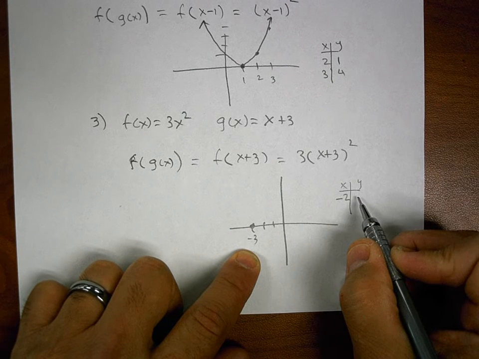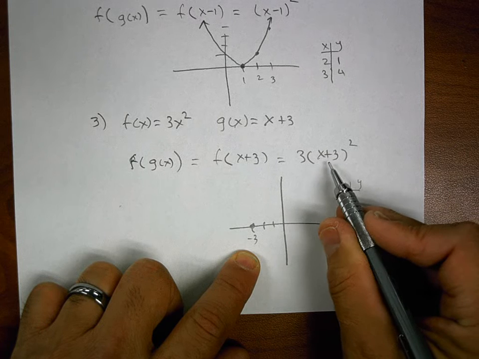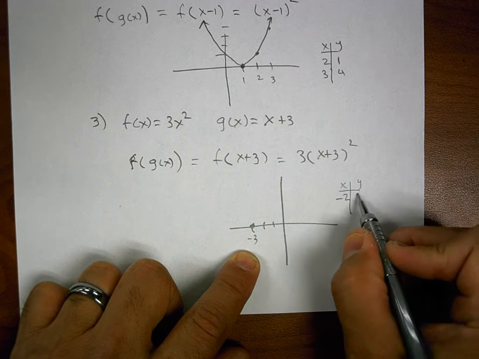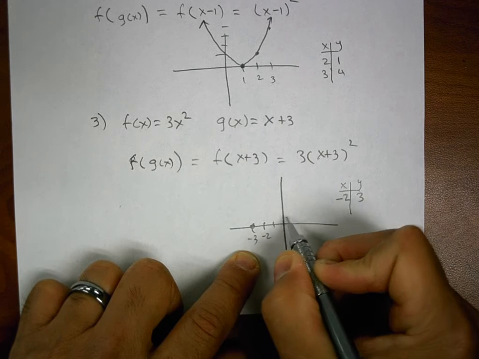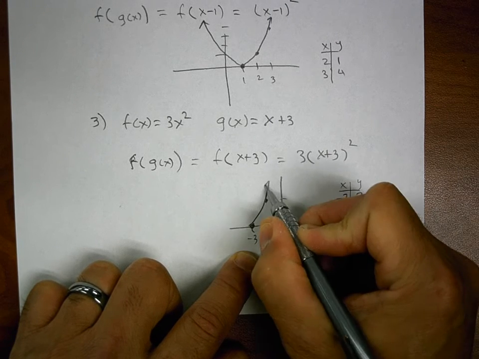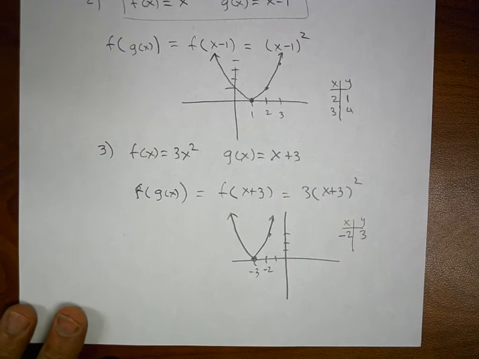At negative 2, plug in for x. Negative 2 plus 3 is 1, squared is 1, times 3 is 3. So negative 2, 3. There it is, your additional point. And there you go. That's it.